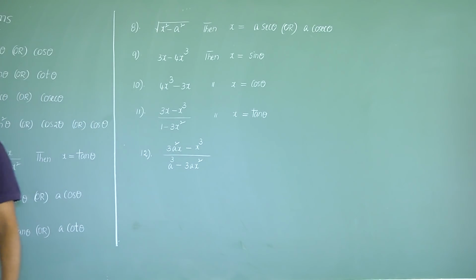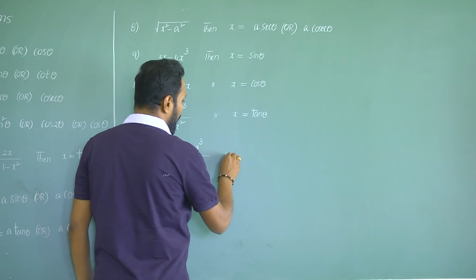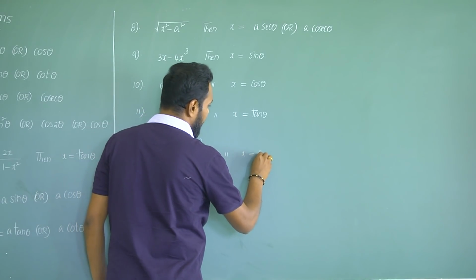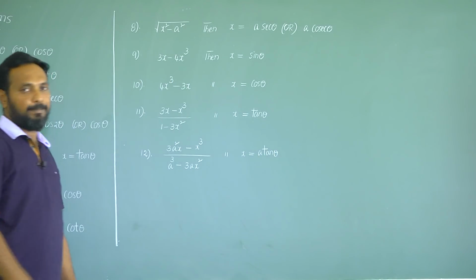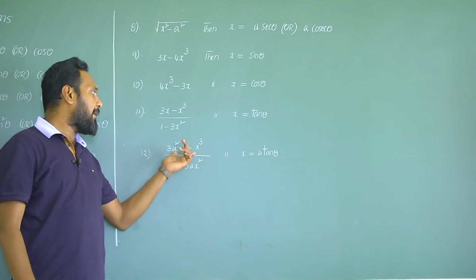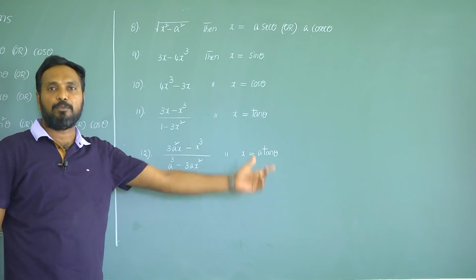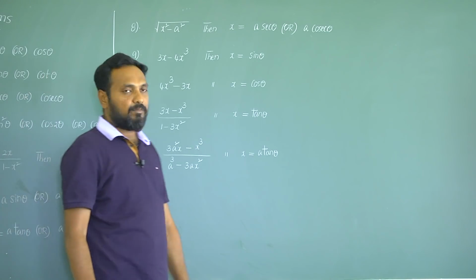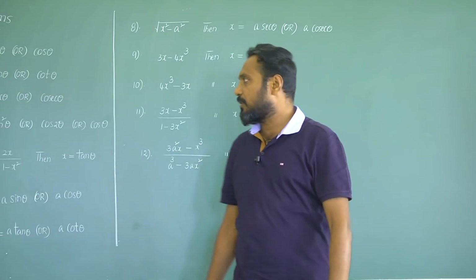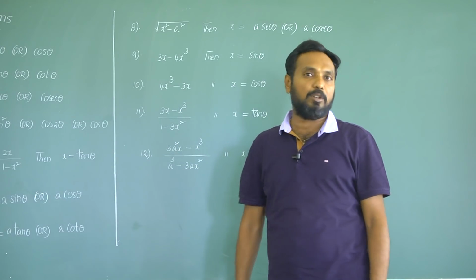Then in the same form, we need to assume in terms of a, that is x equals a tan theta. So I can take a power 3 from both numerator and denominator, and substitute the same formula, tan 3 theta. So these are the 12 assumption forms we need to remember so that we can proceed to the next model problems.